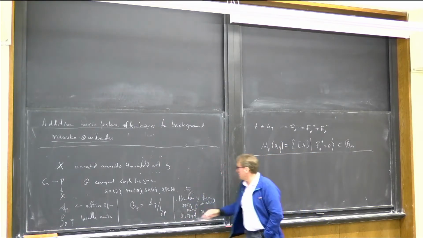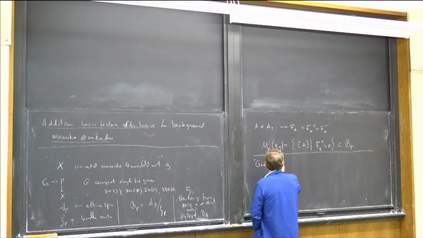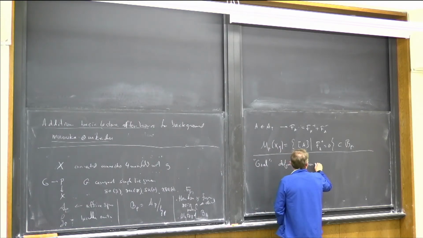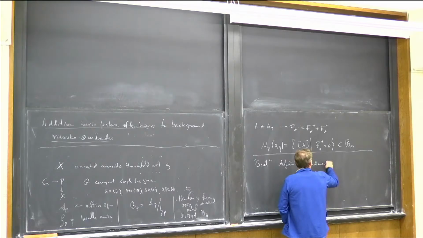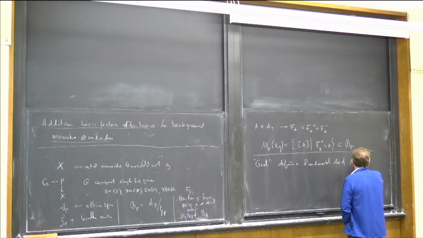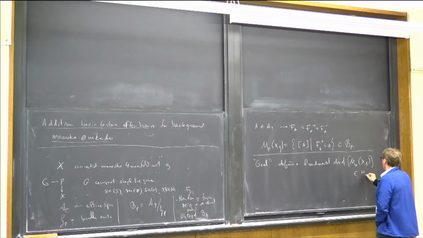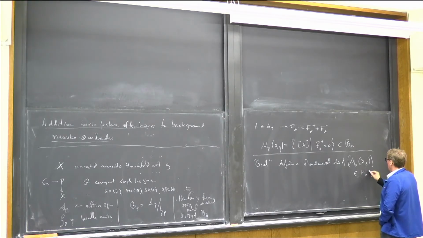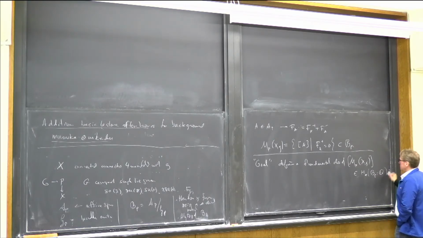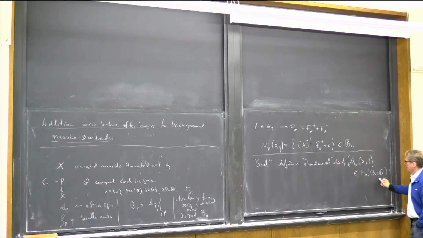It's sitting inside here, and our goal, in a sense, is to define something like a fundamental class of this moduli space in the homology of B_P, with suitable air quotes there.